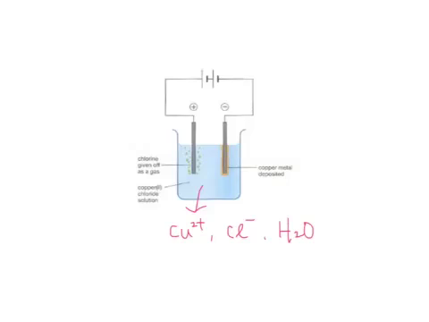So what happens is you have your anode and then you also have your cathode. You can see copper metal deposited here. That means copper has received electrons coming from this power supply, and it was reduced.